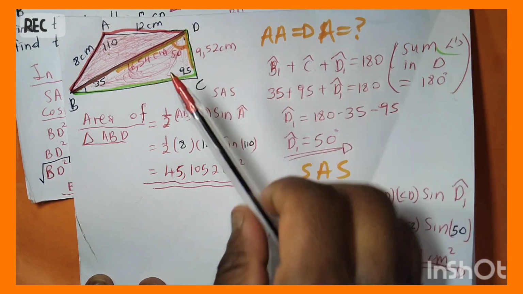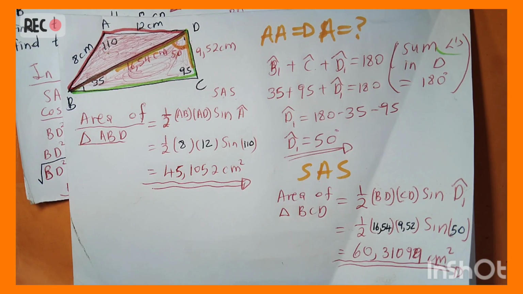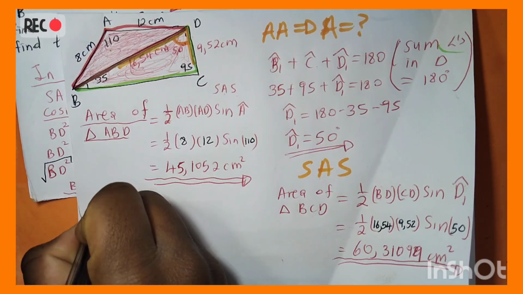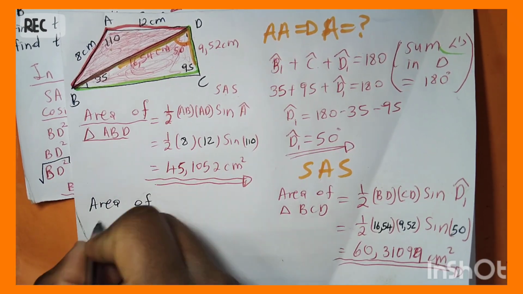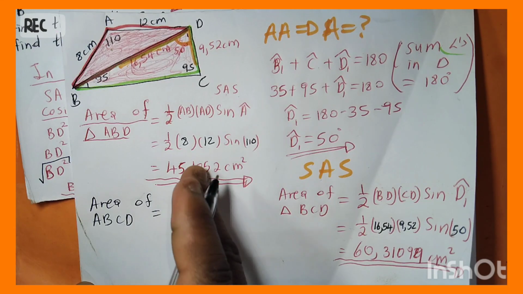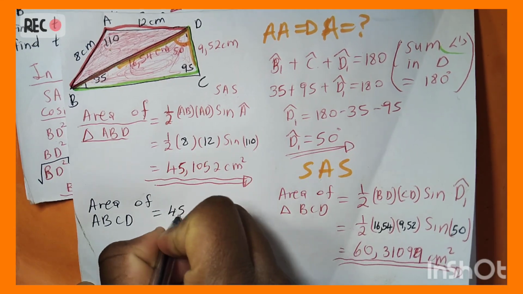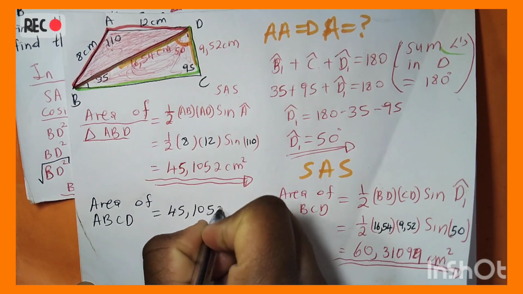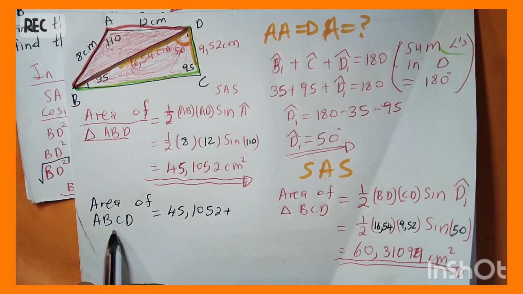But now, guys, the question asked you to calculate the area of ABCD. So for you to get that area, you'll add these two areas so that you'll get the space which is covered by ABCD.